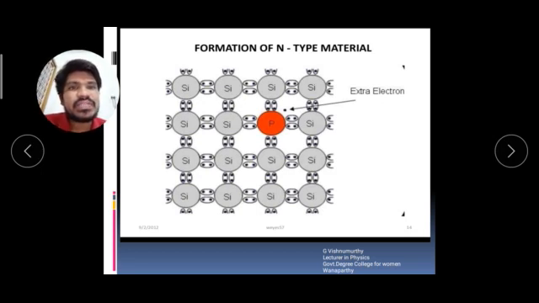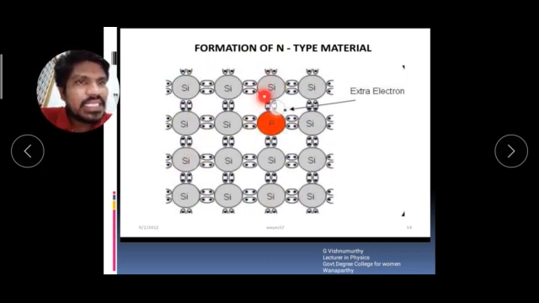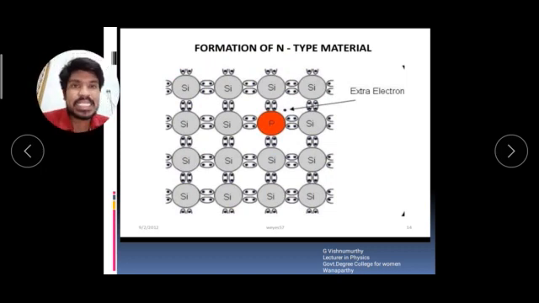Here you see the structure of the N type of material, with phosphorus and silicon. Phosphorus has 5 valency electrons, and silicon has only 4 valency electrons.